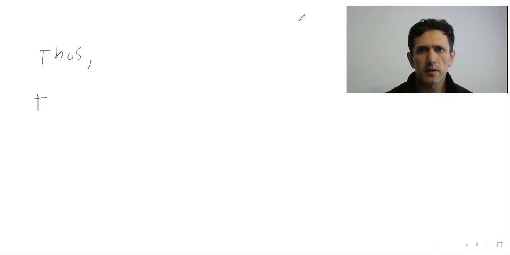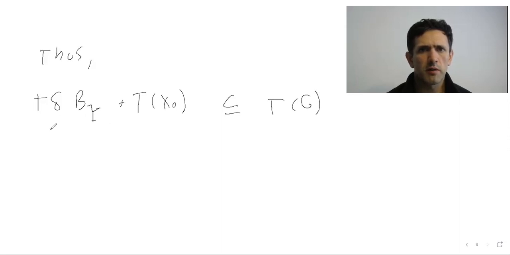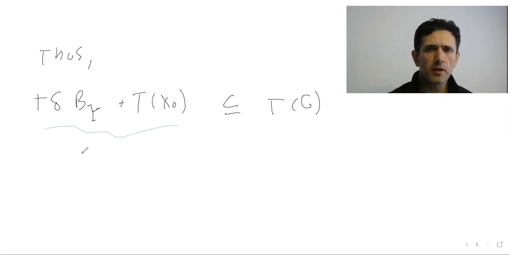We get t times delta times the ball, plus T of x0, is a subset of TG. Well, this you can check is most certainly a neighborhood of T of x0. Okay. This is an open set. You're taking an open set and translating it.